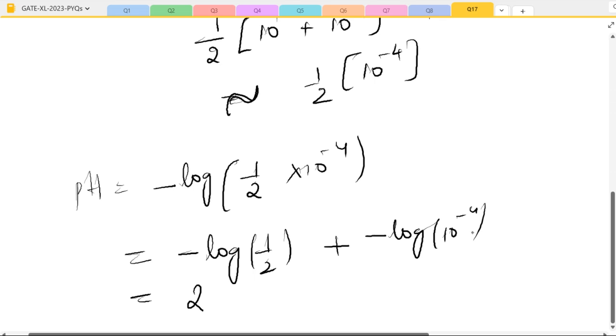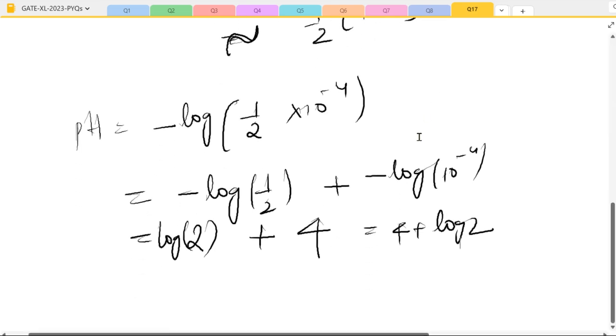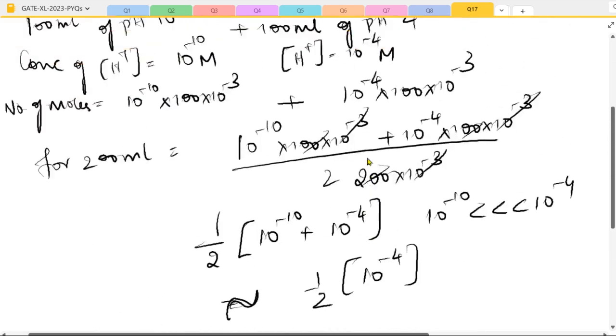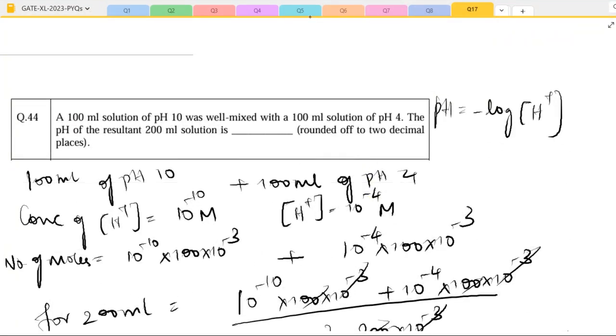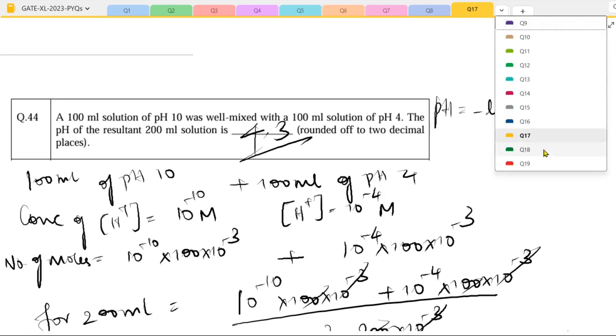If you know that log of 1 by A is minus log A, already there is a negative sign, so it's going to be positive log 2, plus minus log of 10 power minus 4 is going to be 4. So 4 plus log 2. Log 2 is approximately 0.3, and if you add it, you get 4.3. So the pH of the 200 ml solution is going to be approximately 4.3. Okay? So this is a very simple question to solve.